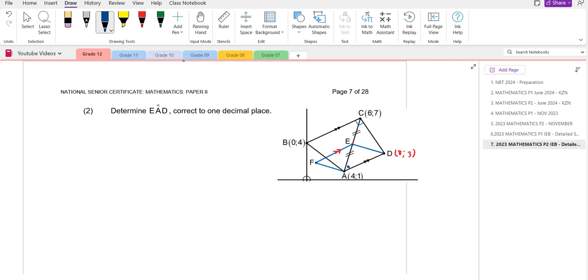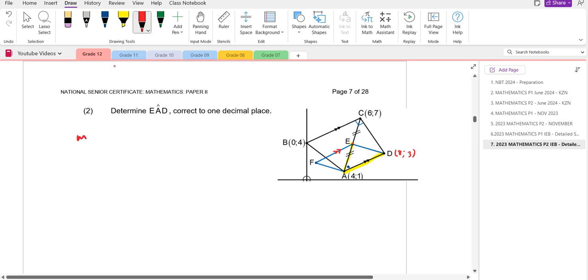I don't know what that is, but what we can see is that these two lines, EA and AD, are meeting up here. We have the gradient of AD, which is equal to half. So we're going to say a big angle minus small angle. That's the method I'm using.